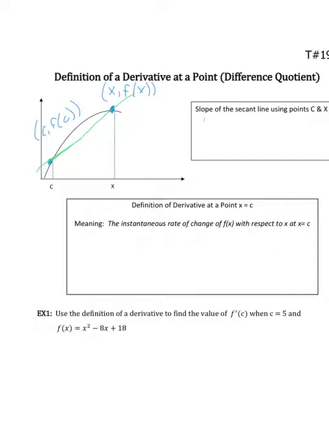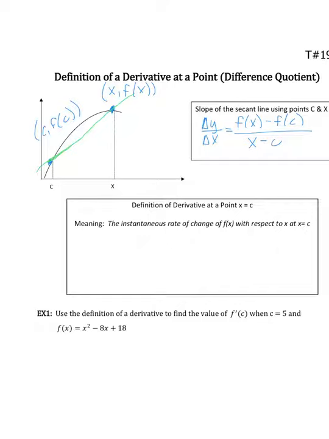Slope is the change of y over the change of x. In other words, subtract the y's over subtract the x's. You can subtract either way, but let's do x minus c. I would have f of x minus f of c over x minus c. That would be the slope of the secant line.